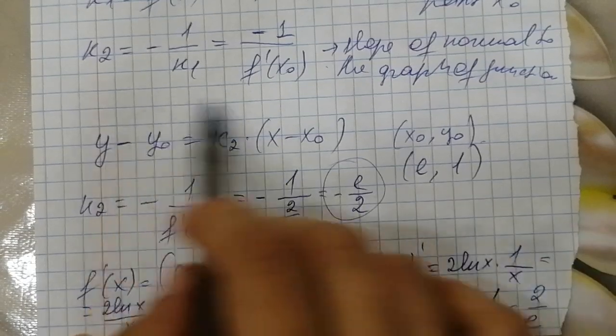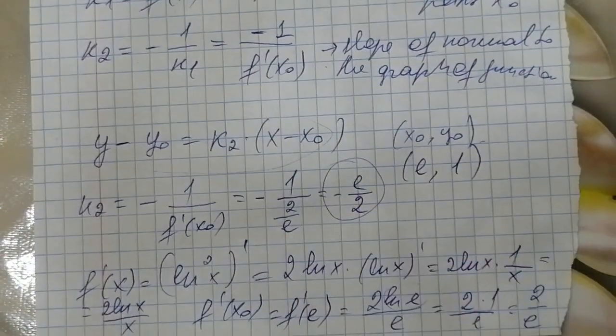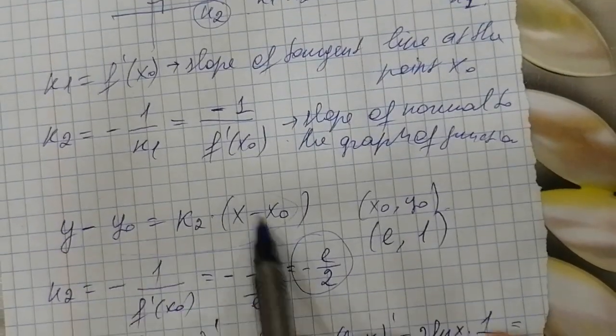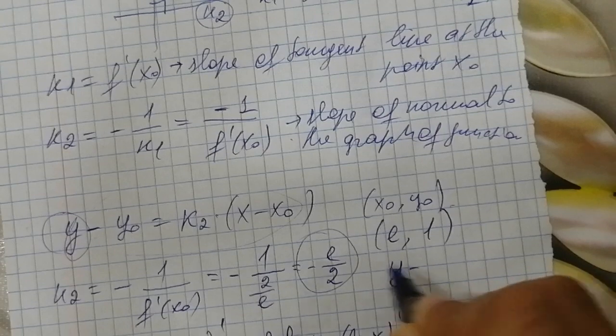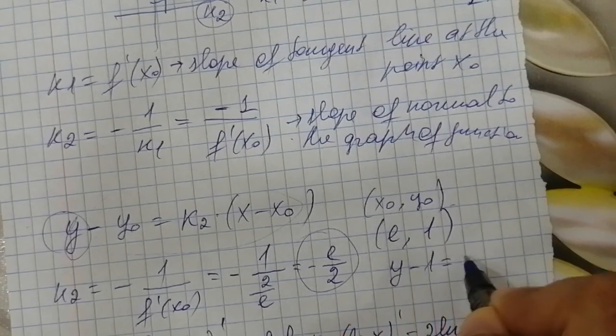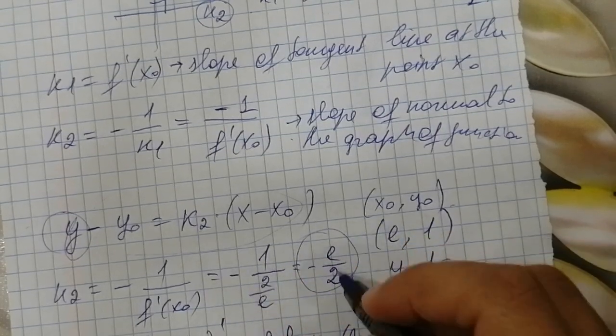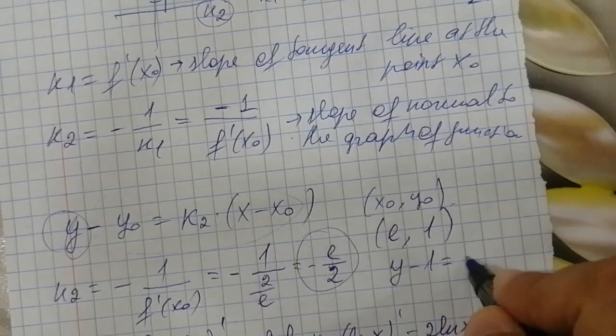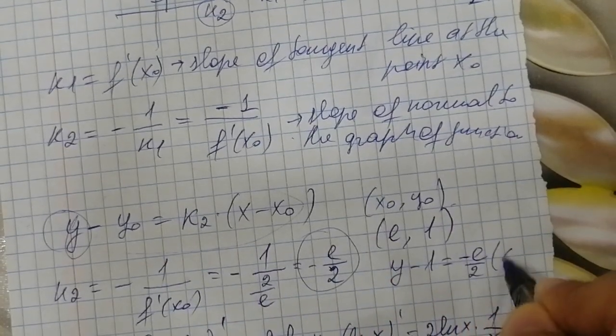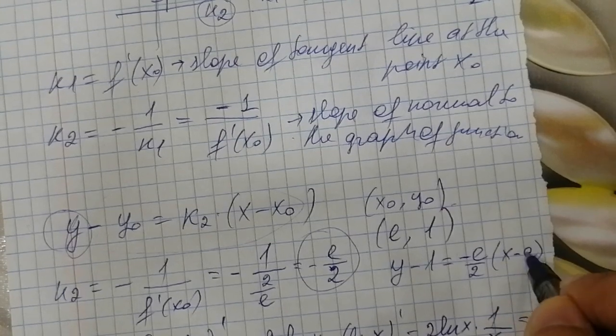I found it. We have this formula and everything is clear. Everything has been found. Then y minus y0, which is 1, is equal to k2, the slope of the normal of the graph of the function, which is negative e over 2, times x minus e.